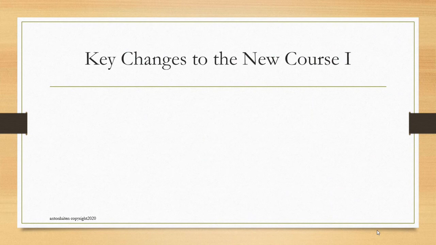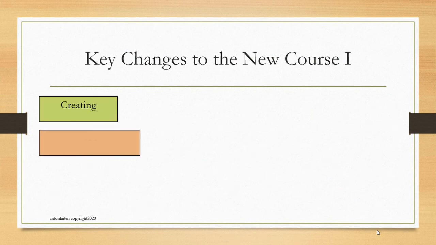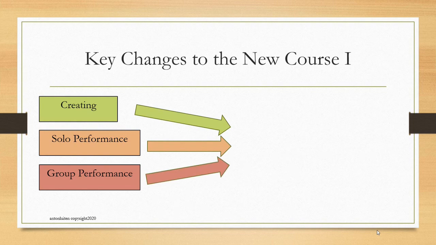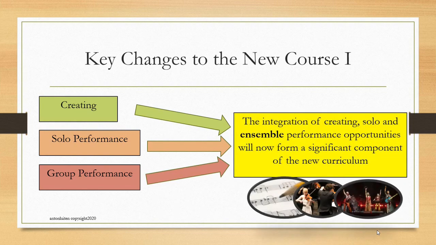Thus, the options of creating, solo performance, and group performance will be integrated at various levels and form part of a broader area of focus. For example, students may choose to investigate relevant social, cultural, and political information about their selected music.